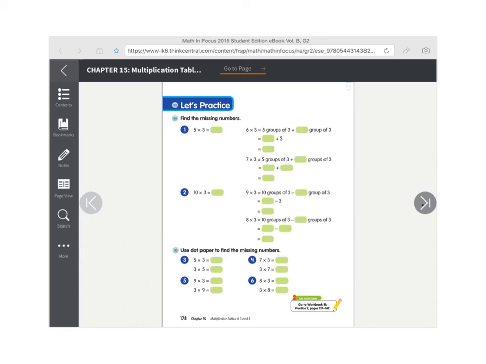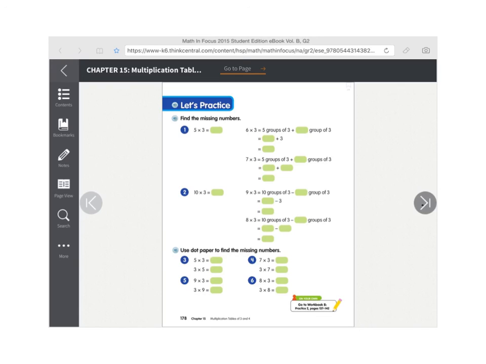And then for number 5, let's do number 5 over here. 9 times 3 and 3 times 9. If I follow my pattern, I have 9 rows, 1, 2, 3, 4, 5, 6, 7, 8, 9, with 3 columns. And they want me to do 3 times 9.